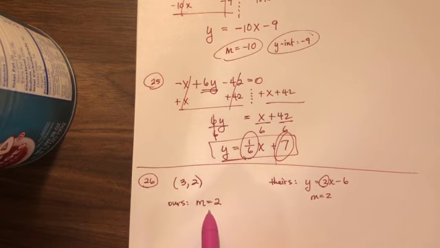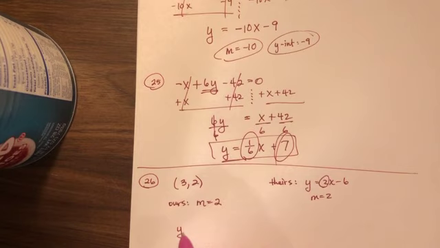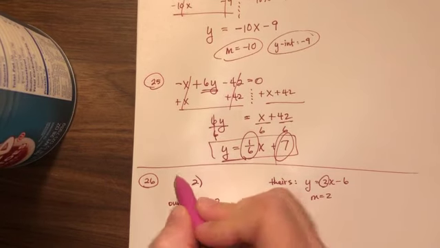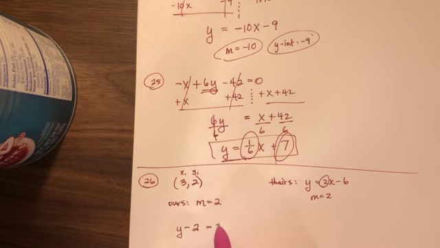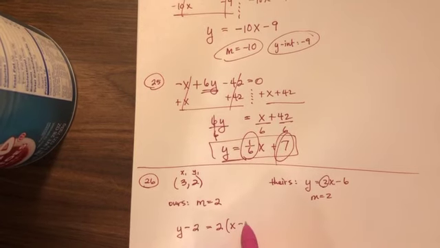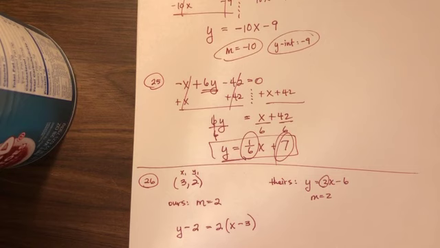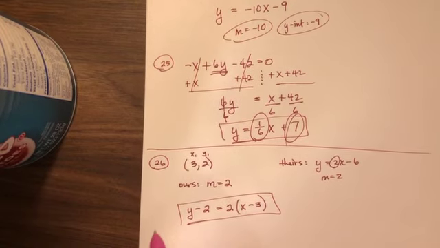So now I have a slope and a point, and I can use the point-slope form, y minus y1, which is 2. If you want to label, you can, x1, y1, equal to the slope, parentheses, x minus 3. Now they want it in point-slope form. That's what they asked for, so we're done. I love that.